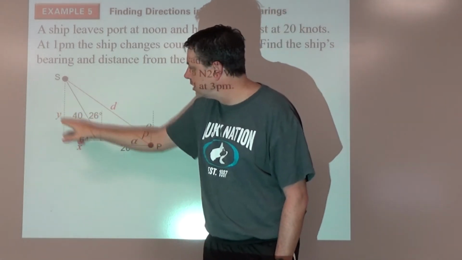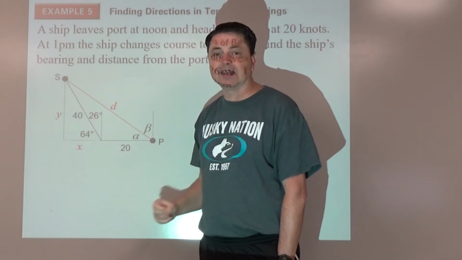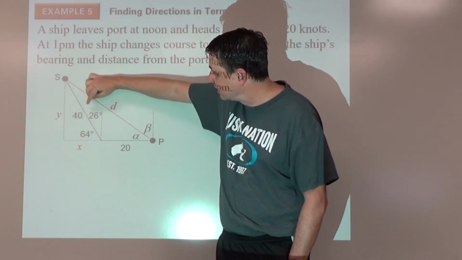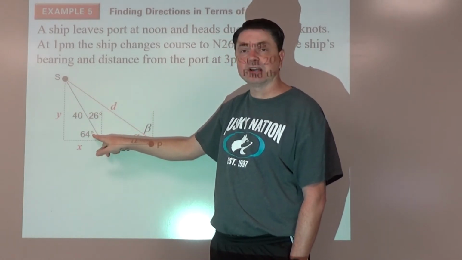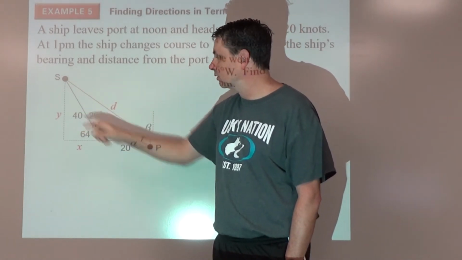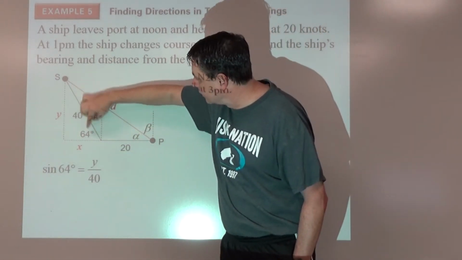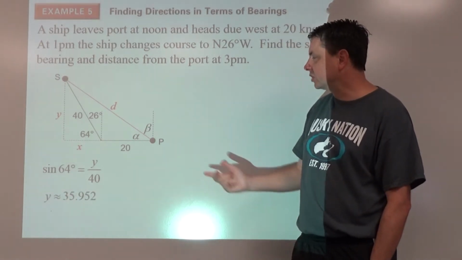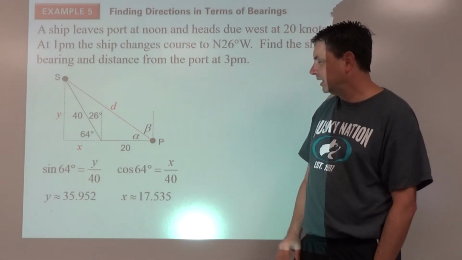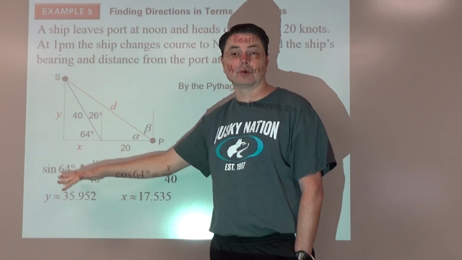So we have these unknown lengths here in this right triangle, an x and a y, that we can find out using this and this. So the cosine of 64 degrees would be x over 40. And the sine of 64 degrees would be y over 40. If we solve those, and notice I went pretty far because I'm going to do intermediate rounding here.